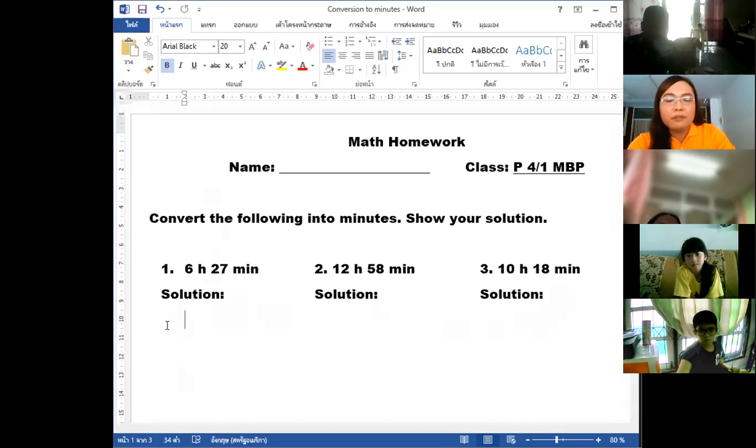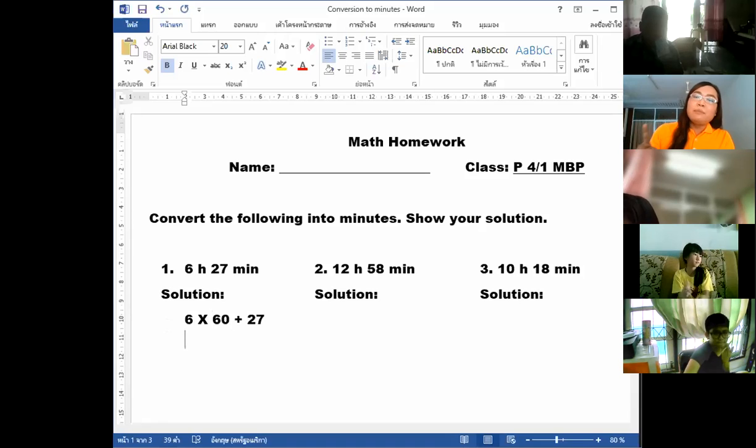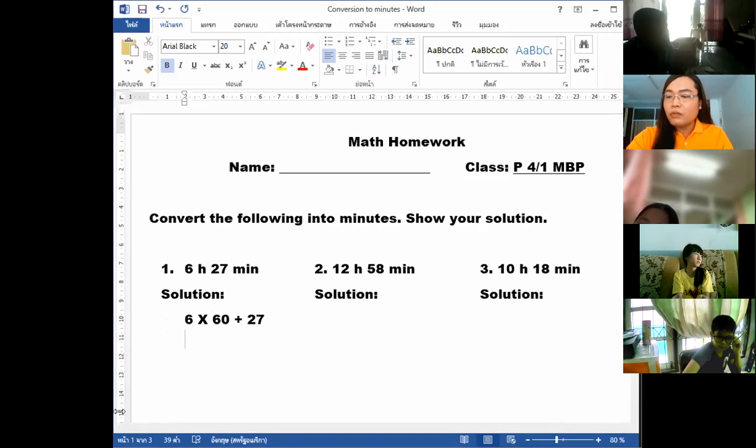So first we have to multiply 6 by 60, right? And then plus 27. Okay, what is 6 multiplied by 60? 360. Boom. 360.